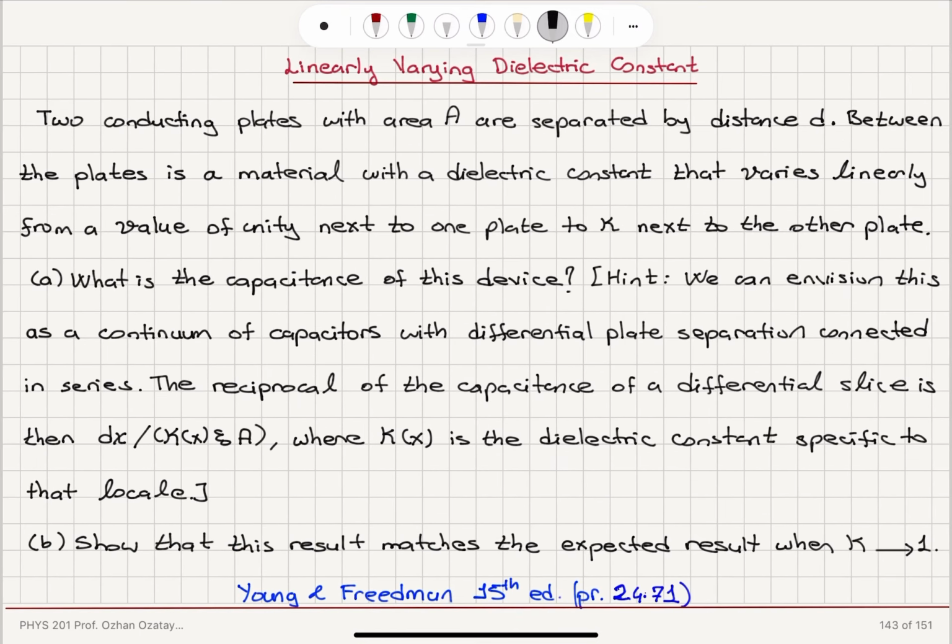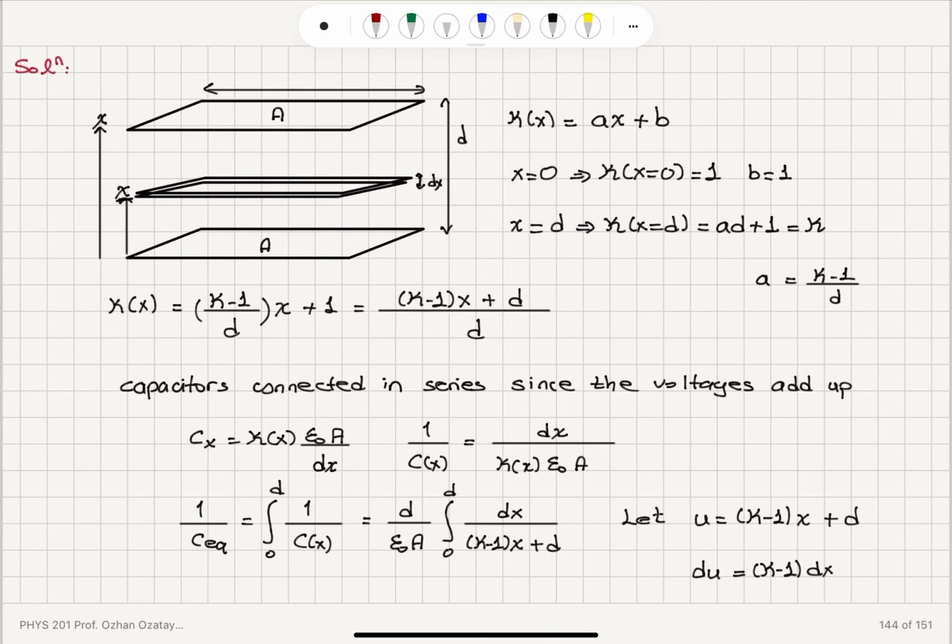Okay, so in this problem we had a linearly varying dielectric constant between the bottom and top plates of a capacitor, such that the dielectric constant is 1 at the bottom plate and it's kappa at the top plate, which gives us kappa as a function of x: kappa minus 1 x plus d over d, where d is the separation between the bottom and top plates.